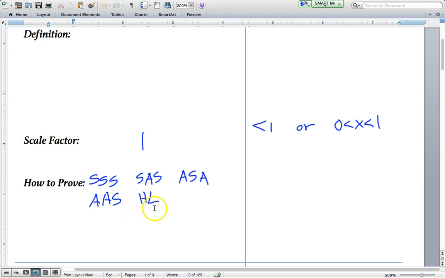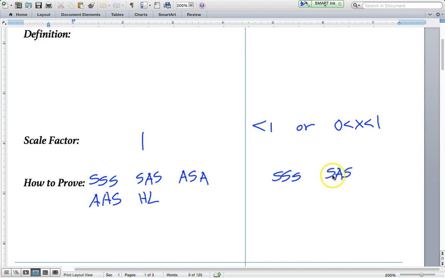But for similarity, luckily we don't have as many. For similarity, you have side, side, side. In this situation, if the 3 sides are proportional, then you know the 2 triangles are similar. You also have side, angle, side. So if the 2 sides are proportional and the angle in between is congruent, because remember for similar triangles the angles are congruent but the sides are proportional.